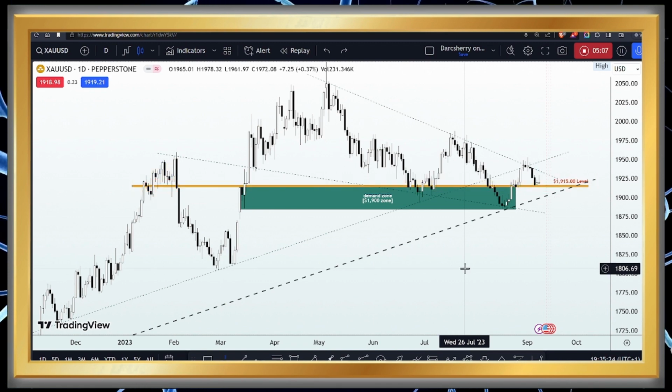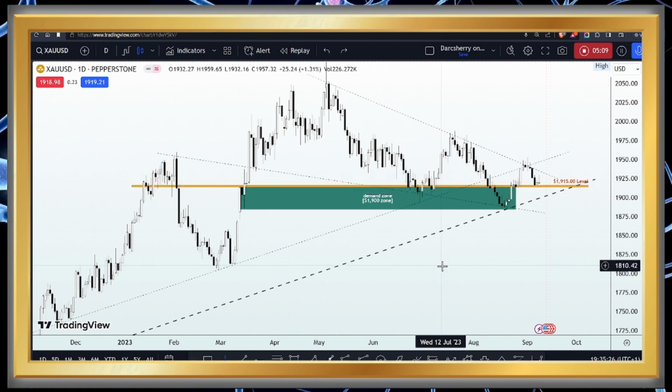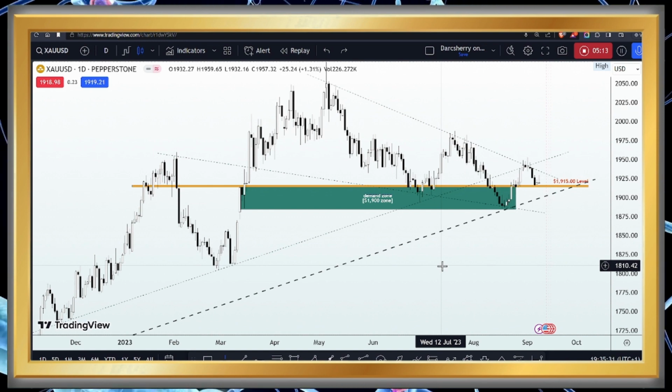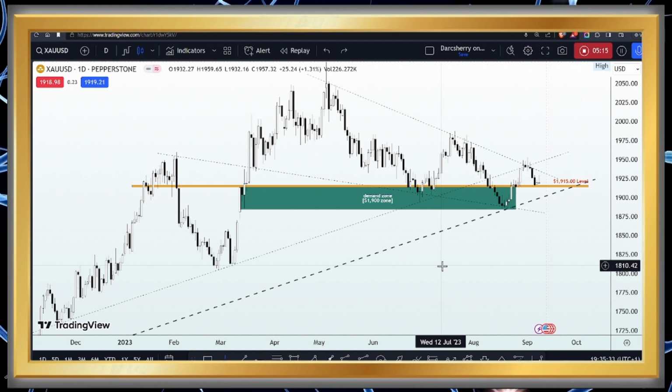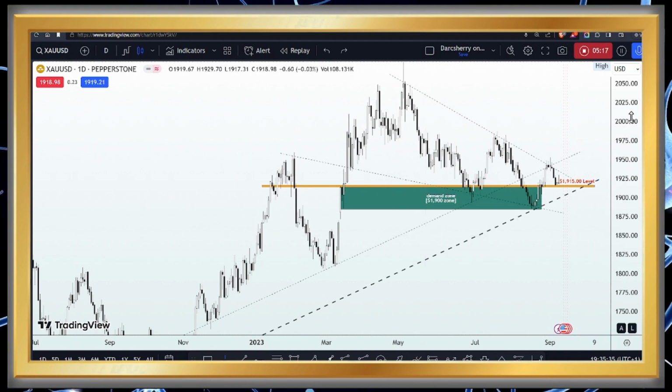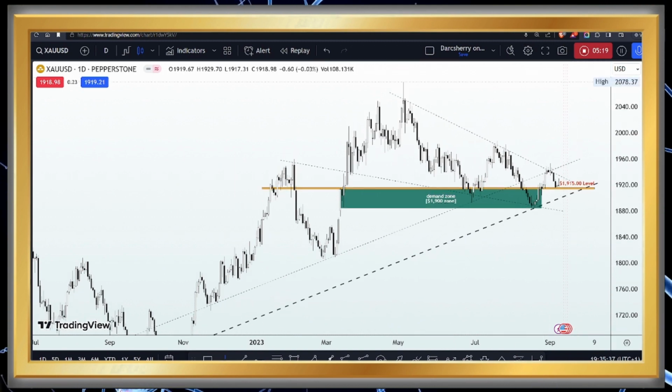Now, in addition to this key level, we have a pattern that suggests a potential uptrend continuation. If you take a closer look at this, let me zoom things in a little bit.